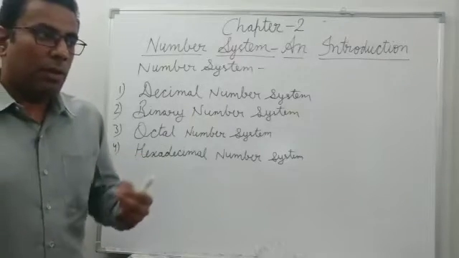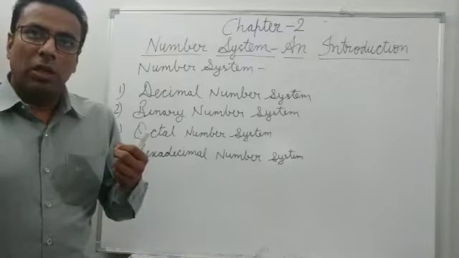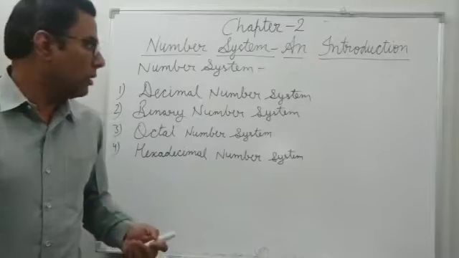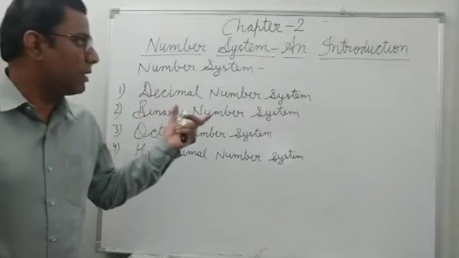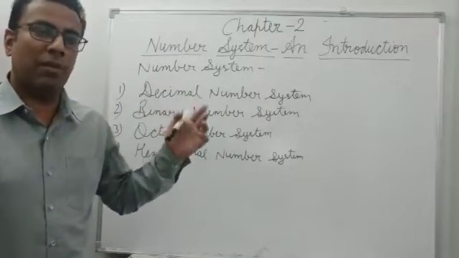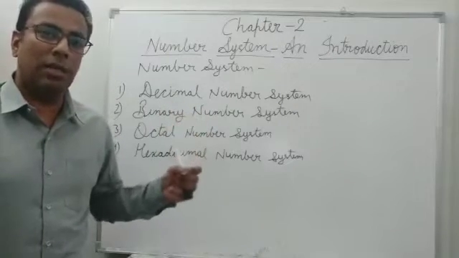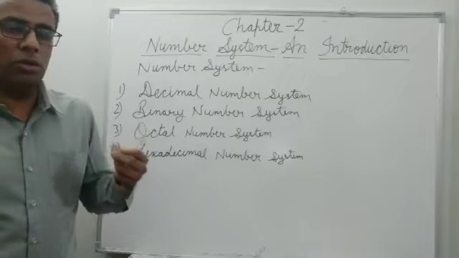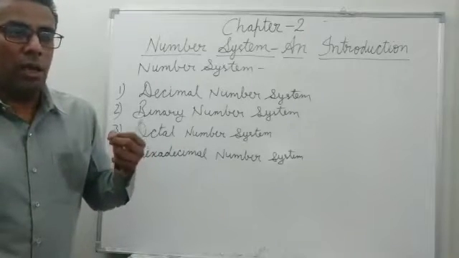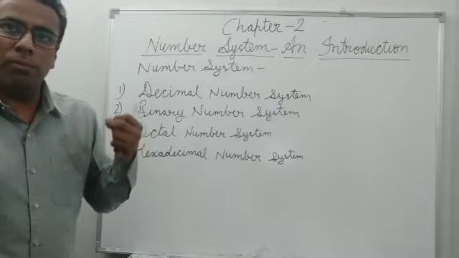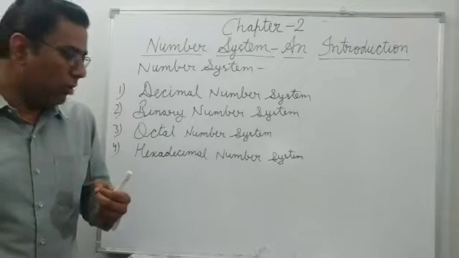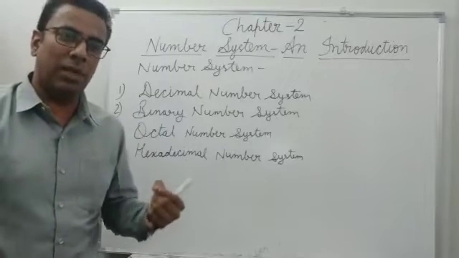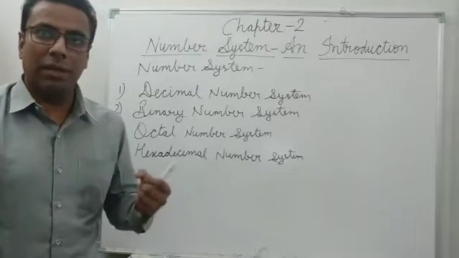You know how to use decimal numbers, meaning 1, 2, 3, 4, 5, 6, 7, 8, or 25, 82, 32, etc. You also know how to do mathematical operations such as addition, subtraction, multiplication and division in it.